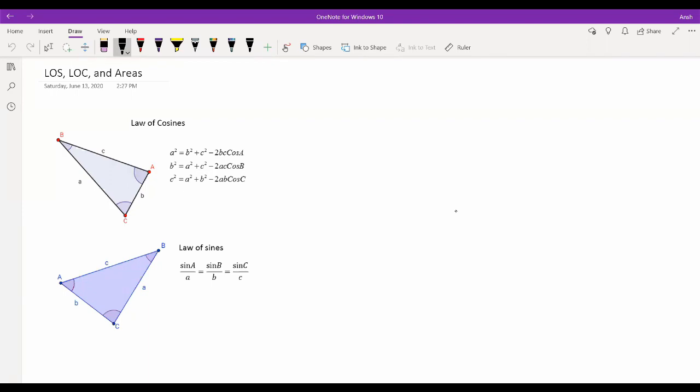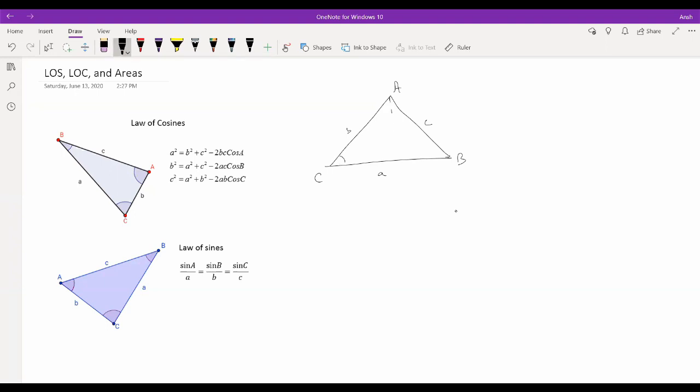Then there's one final thing that we'll do before moving on to competition problems, which involves the area of a triangle. So let's say we take an arbitrary triangle. Let's draw that again. Like this, with angles A, B, C, and side lengths A, B, and C. We could find the area of the triangle if we're given any two of the sides and the angle between it.